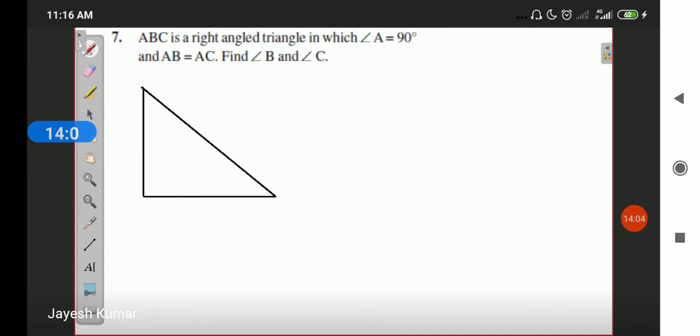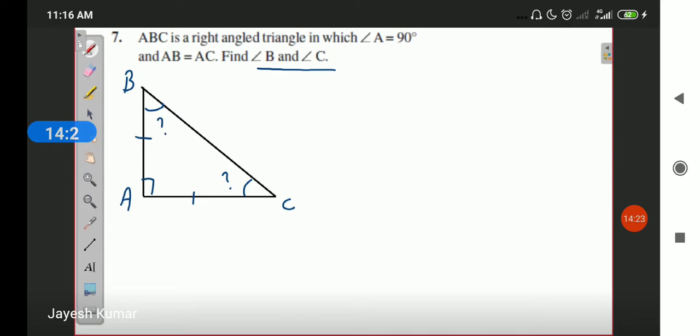Let us name it. This point is A, that is 90 degrees. This point is, let's say, C. We are given that in this triangle, AB length and AC length are both equal. We have to determine the values of angle B and angle C.